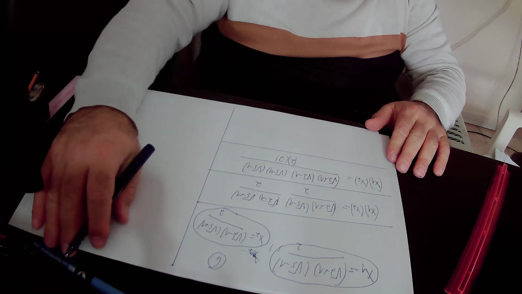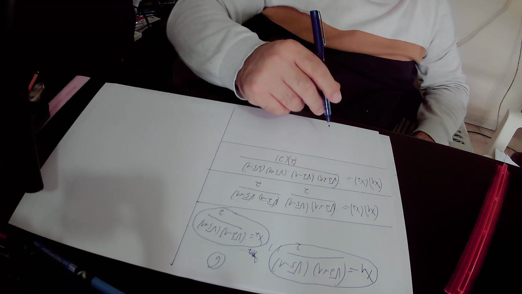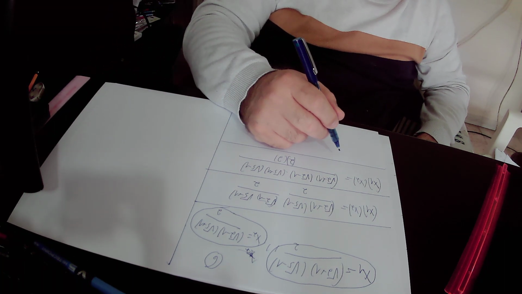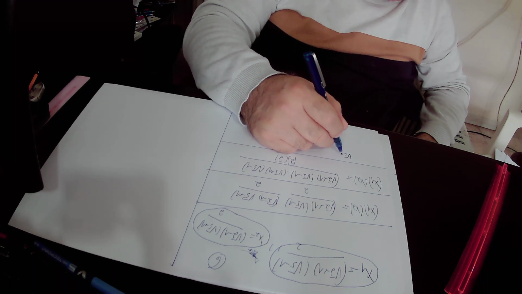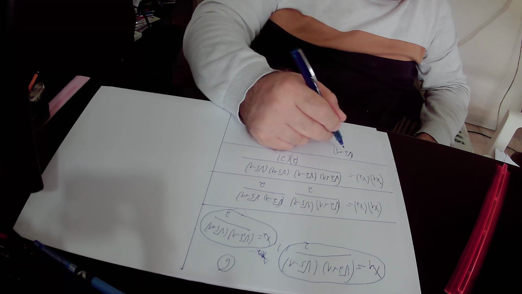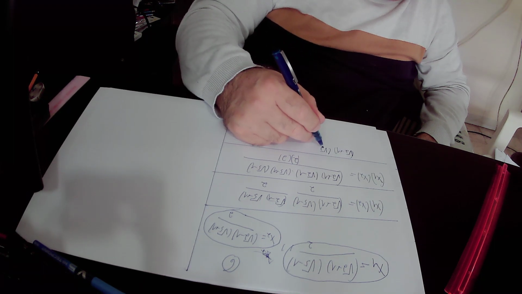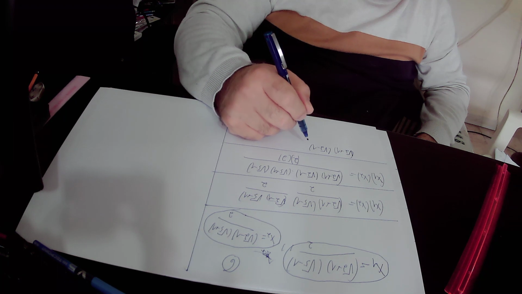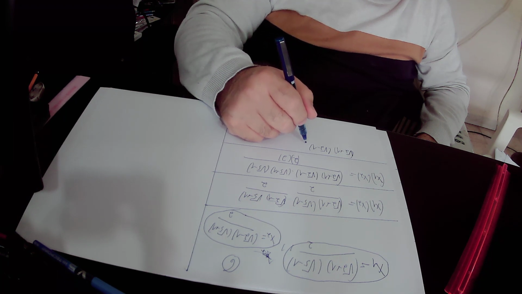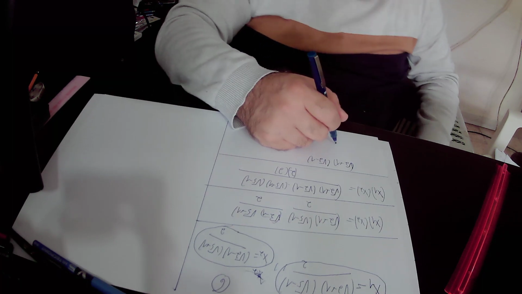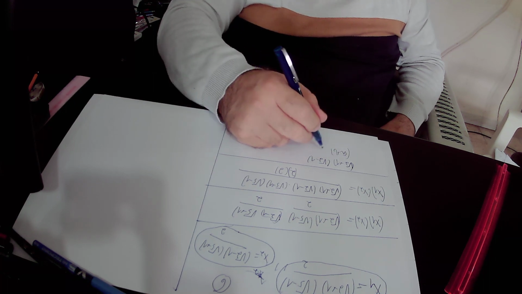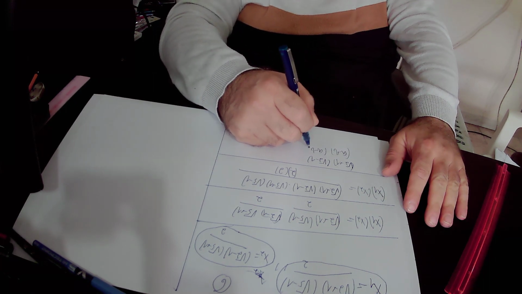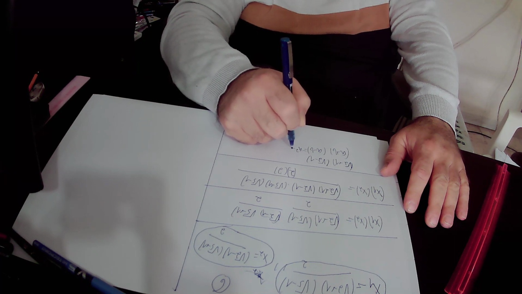So here we will calculate the value of the expression (square root of 2 plus 1) times (square root of 2 minus 1). We will do it according to the algebraic identity that states that (a plus b) times (a minus b) equals a squared minus b squared.